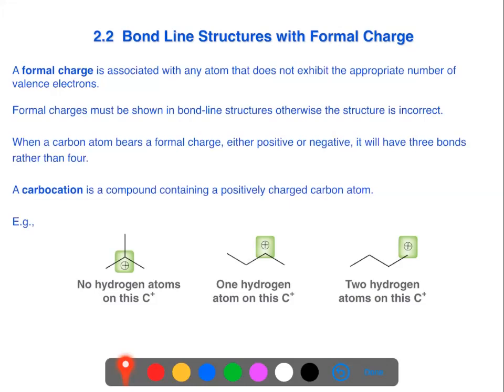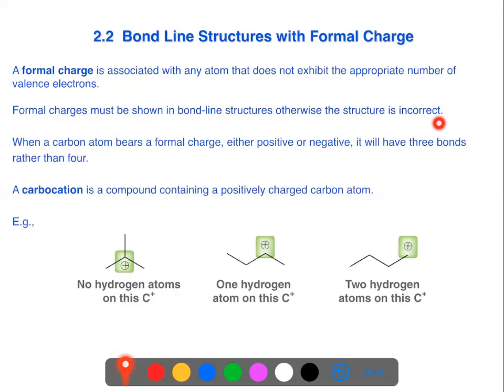So for carbon, if a carbon had one fewer electron in its valence shell, meaning not 4 but 3, then the formal charge associated with that carbon atom would be +1. Now, formal charges, we need to show these in bond line structures.